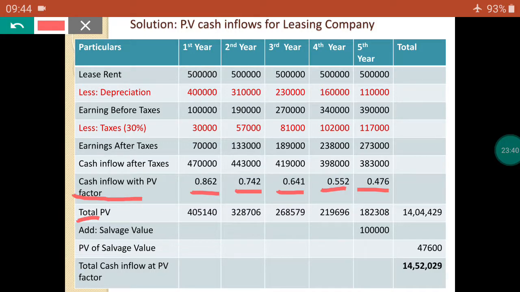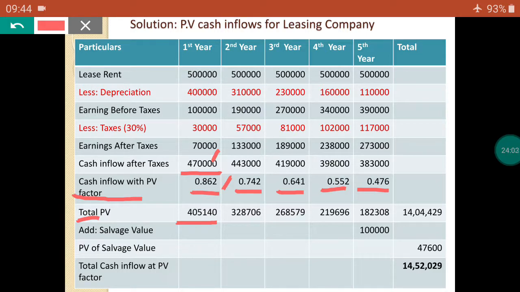How to calculate? 4,70,000 means the cash inflow after taxes of the first year, into PV factor 0.862.